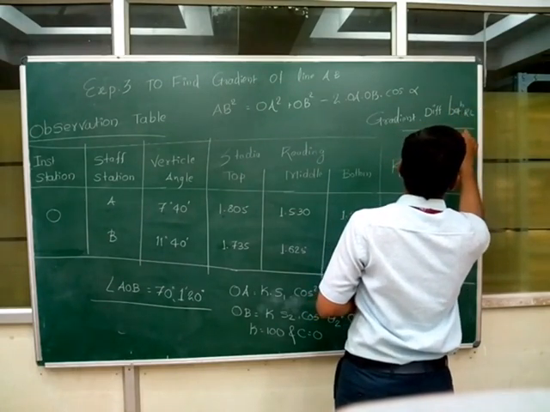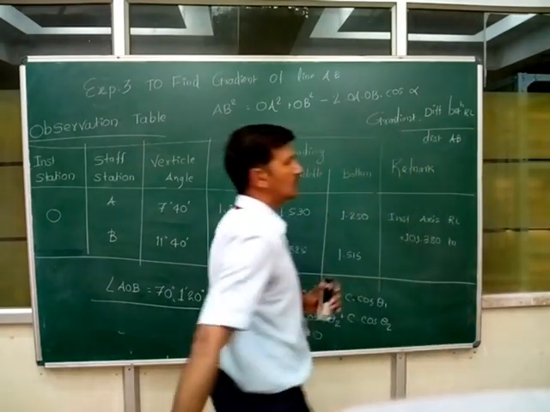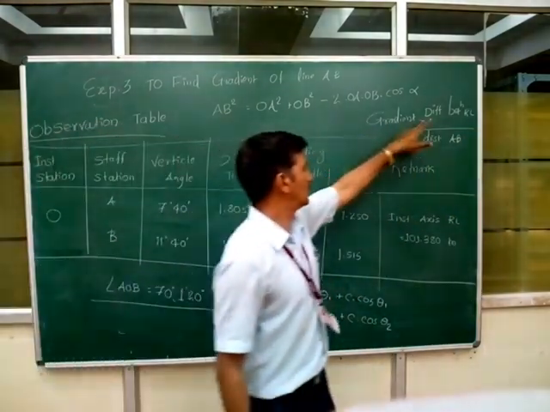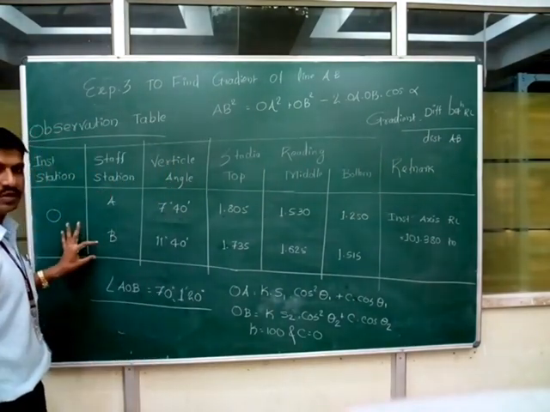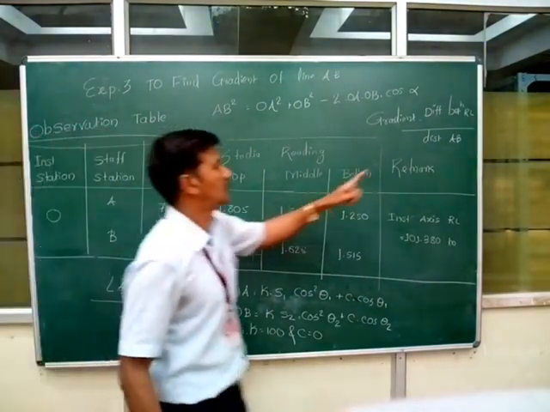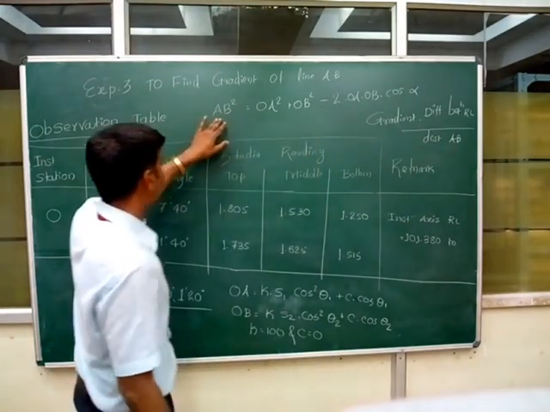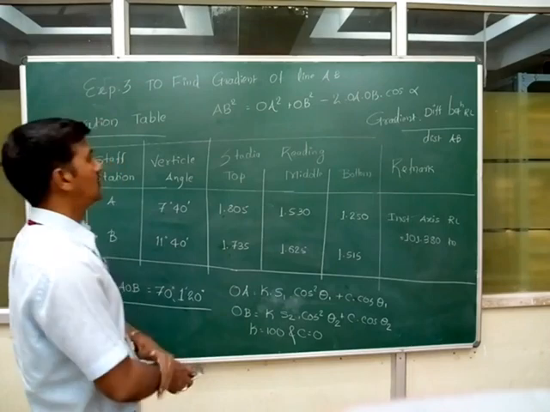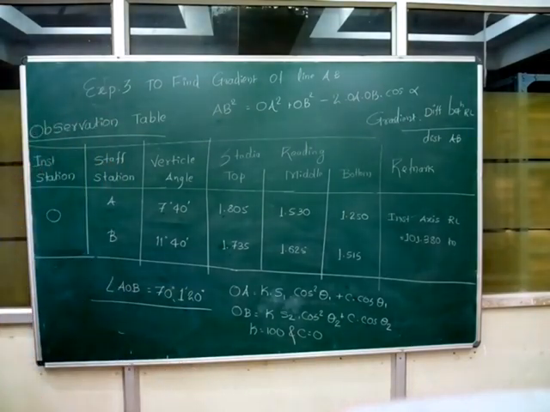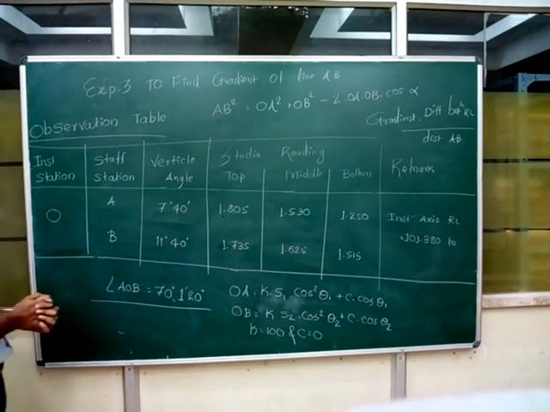This difference between RL will be the RL difference between A and B, and this distance AB we have just calculated by using the cosine rule. So in this fashion we can calculate the gradient of line AB.